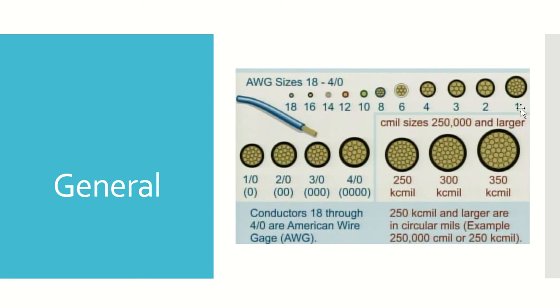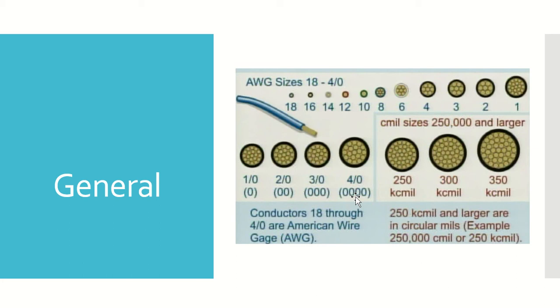The sizes that I'm referring to are the AWG sizes. This is American wire gauge. And after 1, as we begin to look at larger conductors, they actually switch the numbering system and they go to a 1-aught, a 2-aught, a 3-aught, a 4-aught, or 0, 00, 000, 0000.